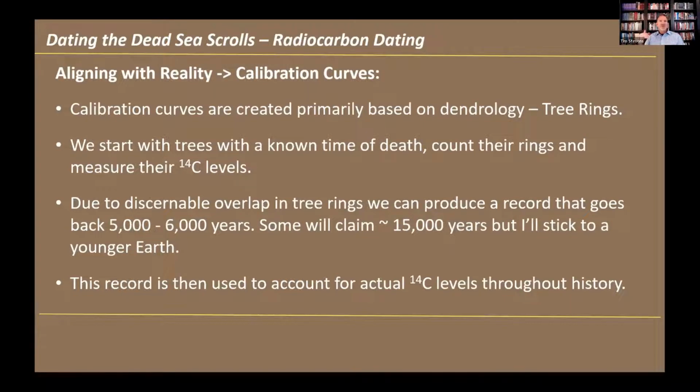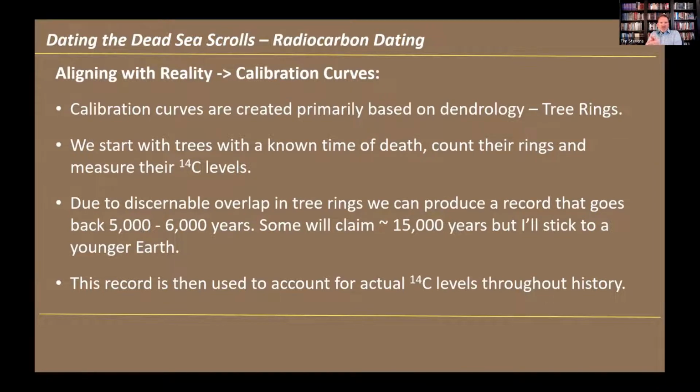Well, calibration curves are created primarily based on dendrology, the study of tree rings. So we start with trees with a known time of death. We count their rings, we measure their carbon-14 levels, and we can see what the level of carbon-14 was at the time that they died, working backwards.